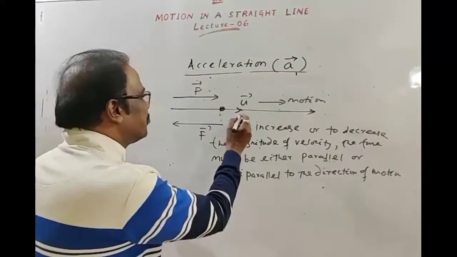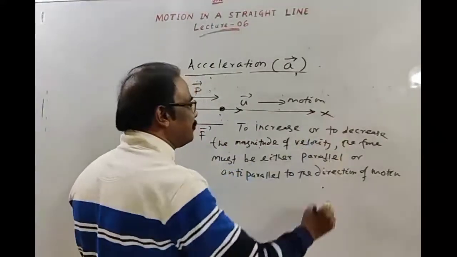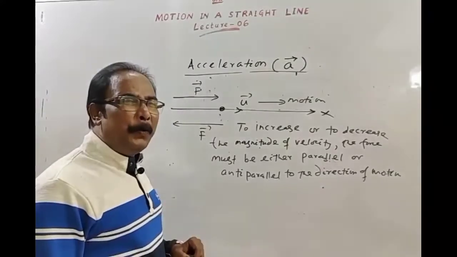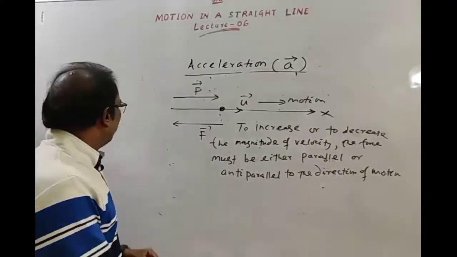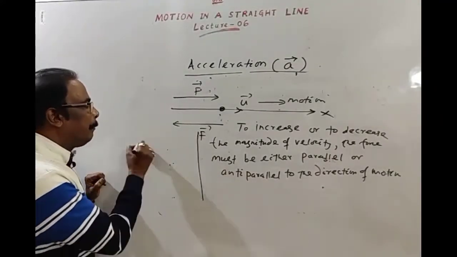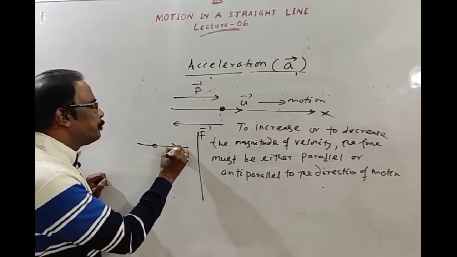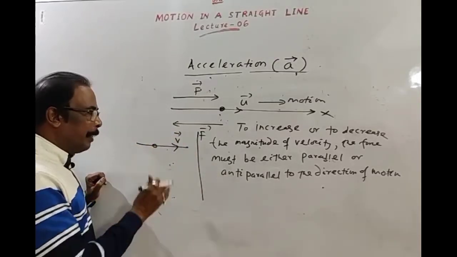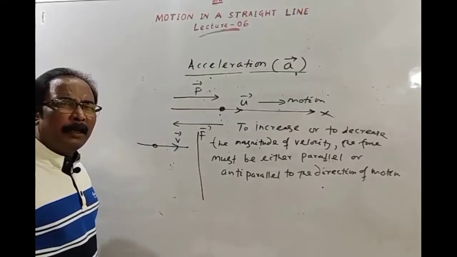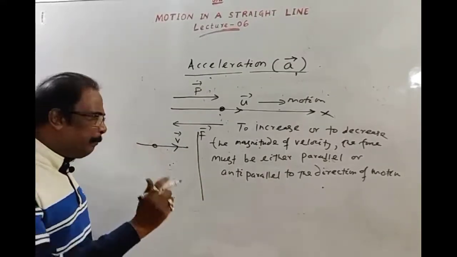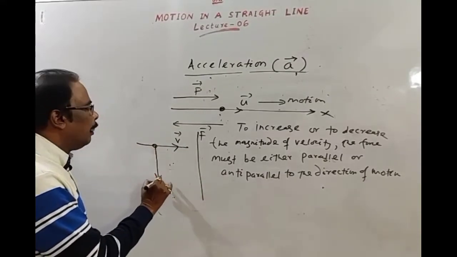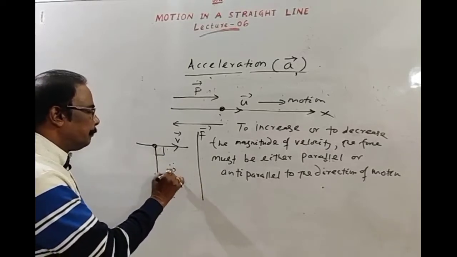Suppose a body is moving along the x-axis. Now we want to change its direction. I am showing here a body moving along the x-axis; this is the direction of velocity. I want to change the direction of motion, so I have to apply force perpendicular to the direction of motion.